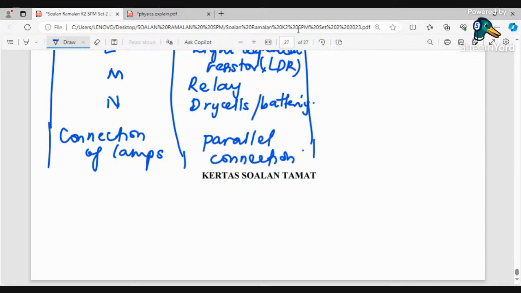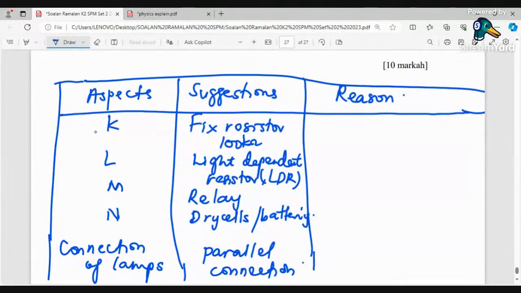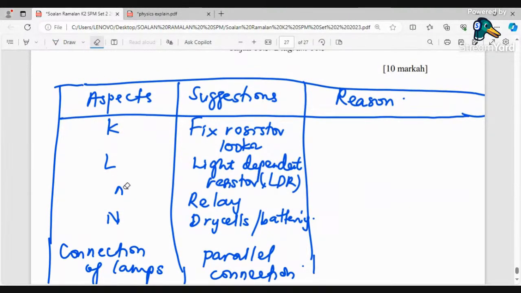Okay, sekarang kita nak buat reason. Aku tak nampak ni. Yang ni. Kalau ada line tu senang sikit nampak. Okay, reason. Okay.